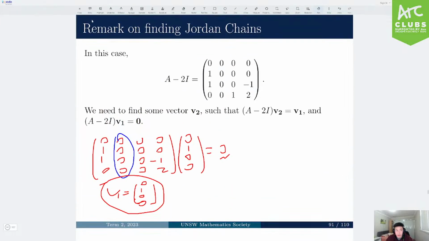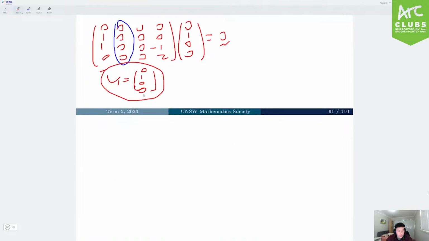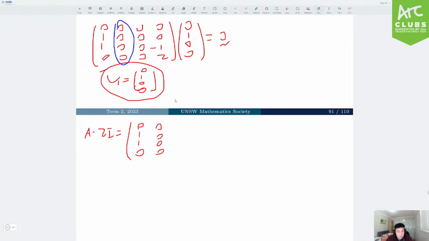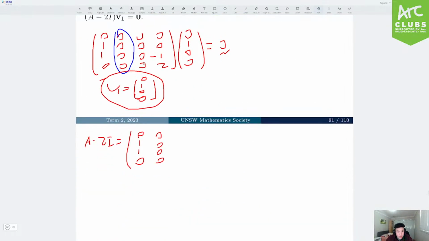So A minus 2I is equal to 0, 1, 1, 0, 0, 0, 0, 0, oh, that should be a 1, 0, 0, 0, 1, 0, 0, minus 1, 2.